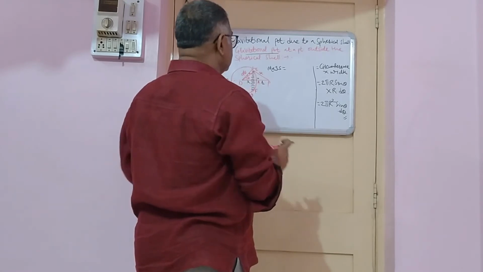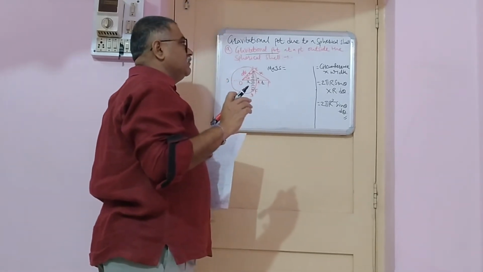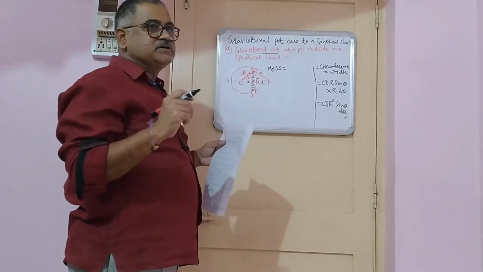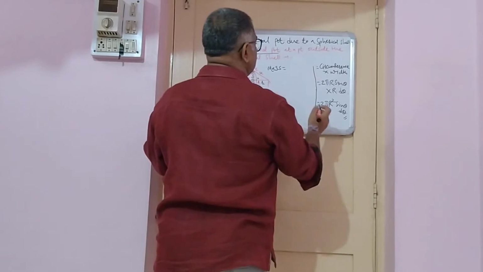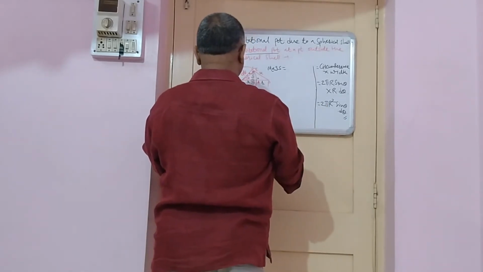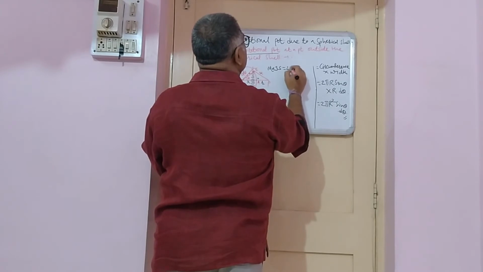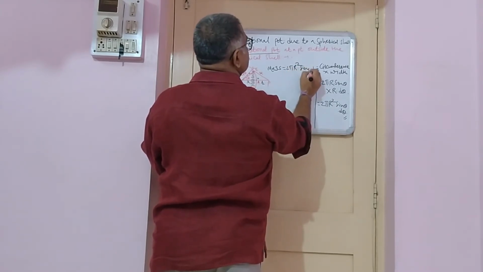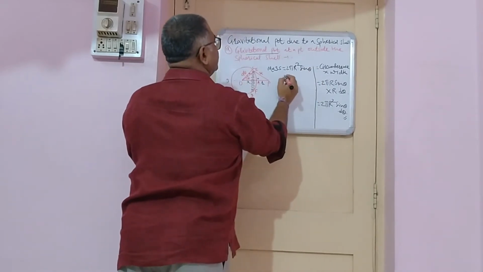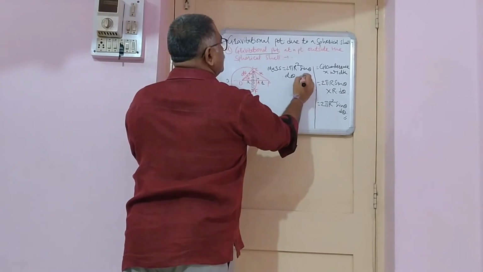In the beginning we considered the density as rho, and therefore this quantity 2 pi R square sin theta d theta into rho.